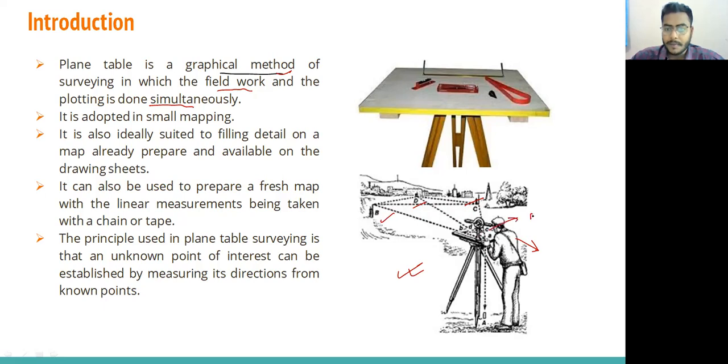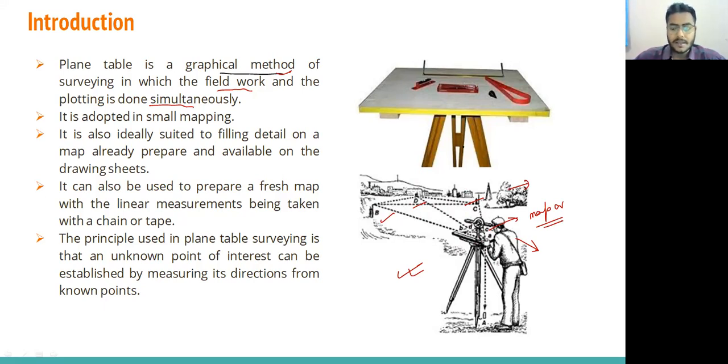He's making a map, we can say. So by using plane table surveying, at the same time you can view these features of the ground, or directly draw on the sheet. So plotting and fieldwork are done simultaneously in plane table survey.